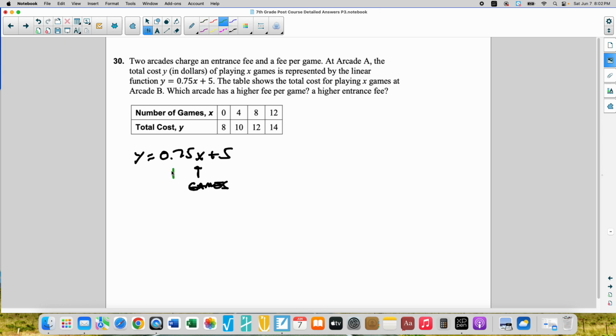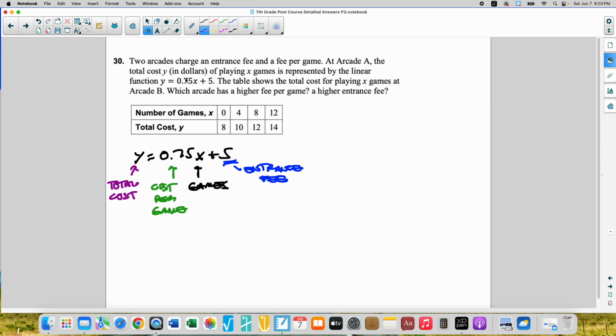This is going to represent the cost per game. This is going to represent my entrance fee. And this is my total cost. Okay, deciphering that from that.